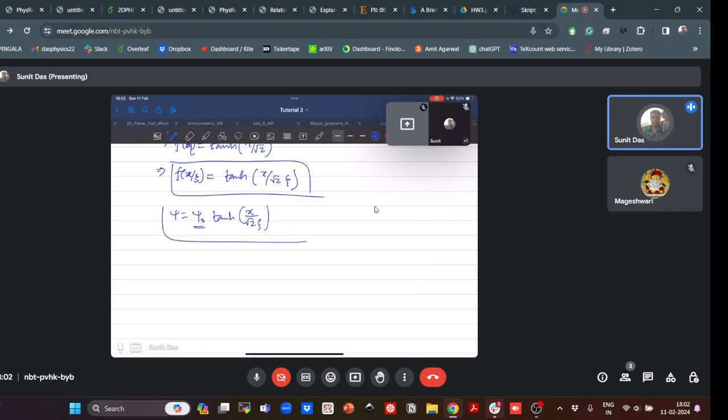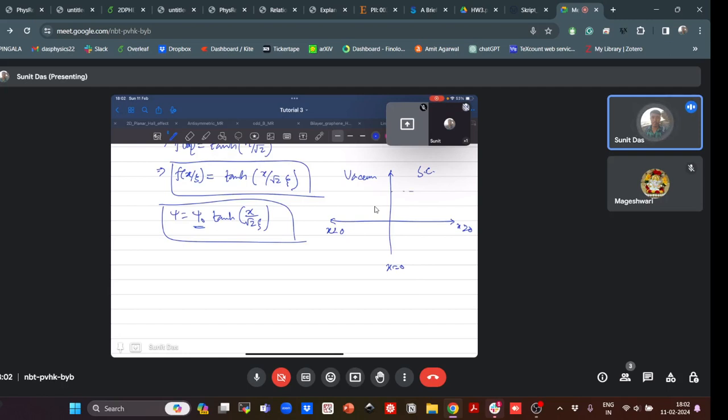So this is the variation of the superconducting order parameter in a junction of vacuum and superconductor SC, where x equal to 0 is the boundary. So this is how it varies.